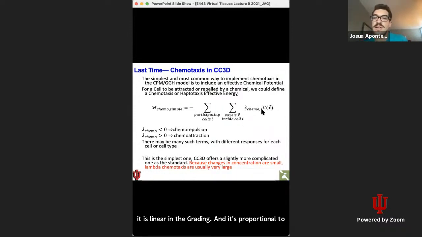The proportionality constant is this lambda chemotaxis, and the important thing about lambda chemotaxis is that it controls both the strength of the response and the sign or direction of it. So if lambda chemotaxis is negative, the chemical field acts as a chemorepellent, and the cell will move away from areas of high concentration. If lambda chemotaxis is positive, the chemical field acts as a chemoattractant, and the cell moves along the gradient up to higher concentrations of the chemical field.